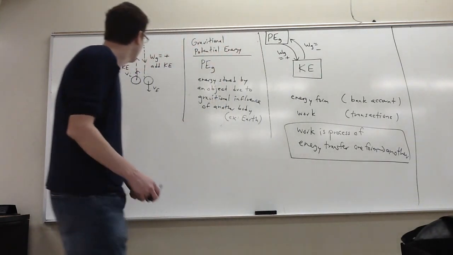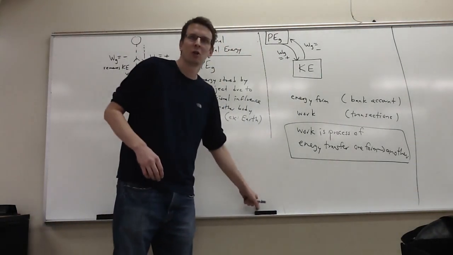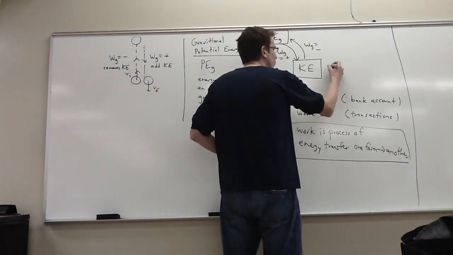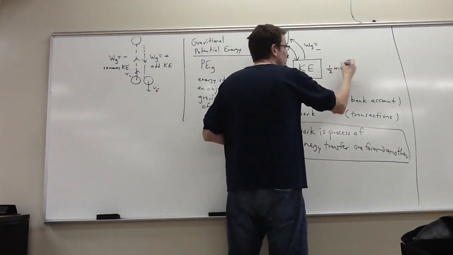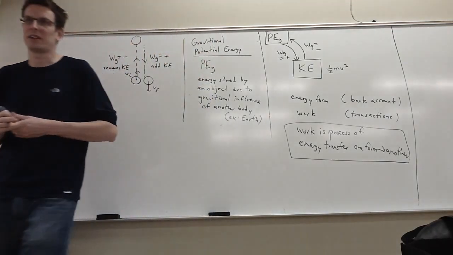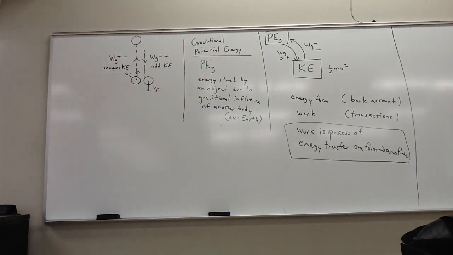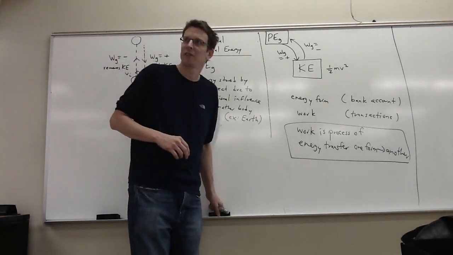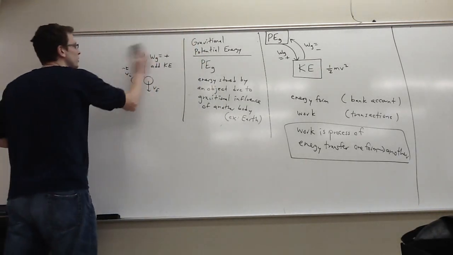So let's figure out, what's the equation? We know that kinetic energy is 1/2 mv squared. That's how we know how much is in that account. There's a similar formula for potential energy, and we now have enough information to figure out what it is. Let's do it.